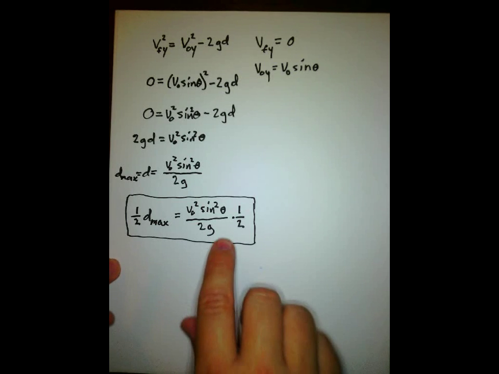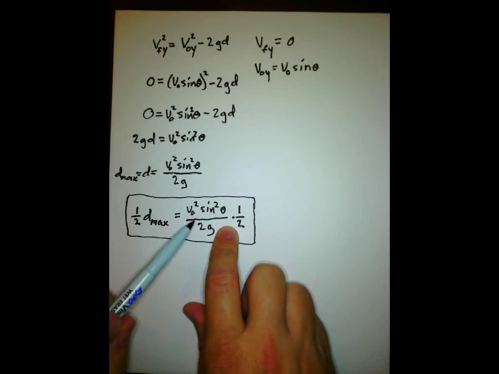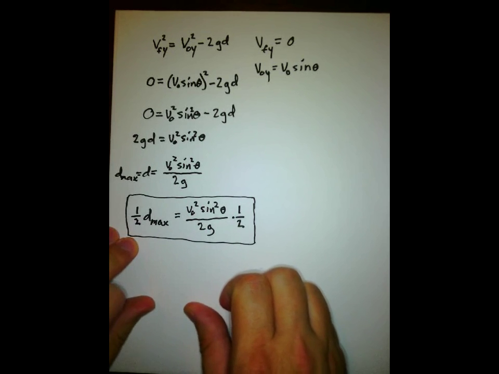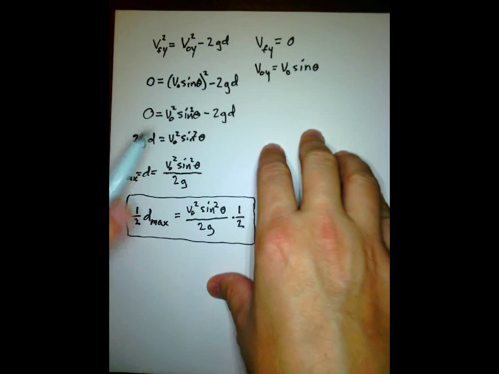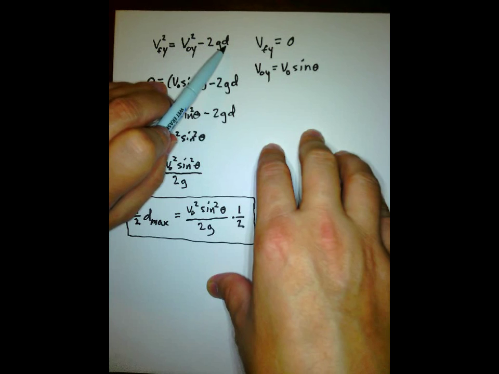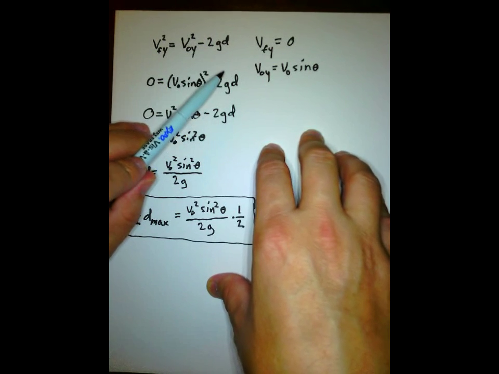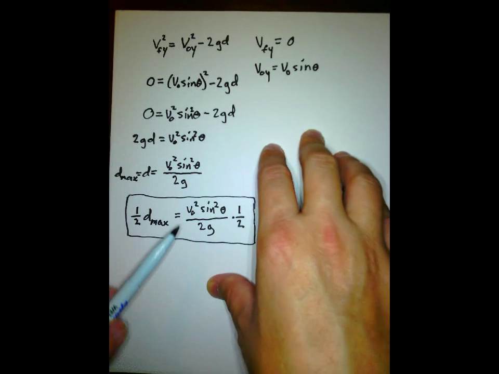Now, what am I going to do with that? Well, I'll tell you. I'm going to take this and substitute it back into this original equation, and I'm going to substitute it in place of D. Now remember, this D only became D max because we made the velocity be 0.